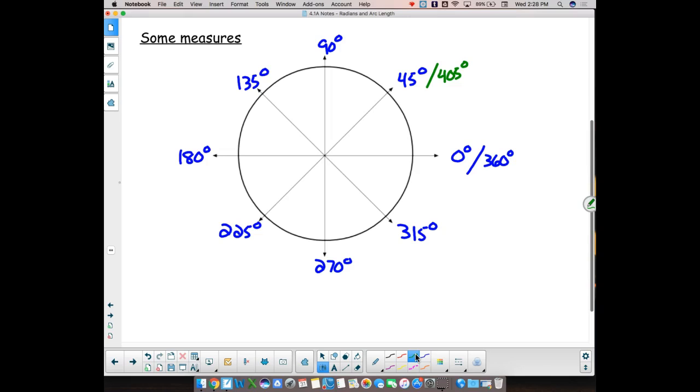This could also be 765. Now I went around my merry-go-round twice, and a little bit more.